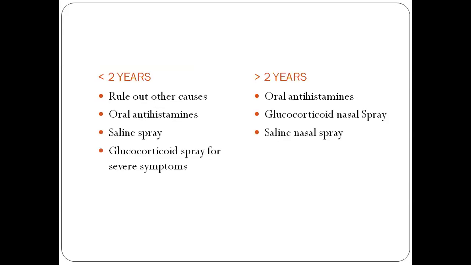Again, we can divide it into children less than 2 years and children more than 2 years. Any child presenting with signs and symptoms of allergic rhinitis whose age is less than 2 years, always rule out other causes of recurrent URTIs. What are the common causes of recurrent URTIs in children less than 2 years? Infection, which we already discussed earlier.